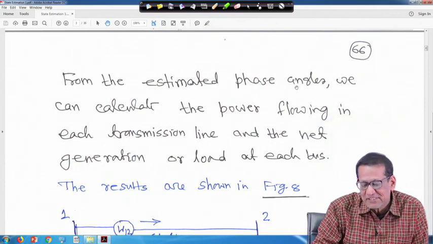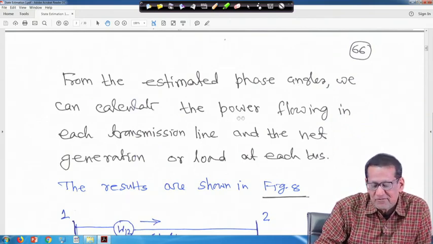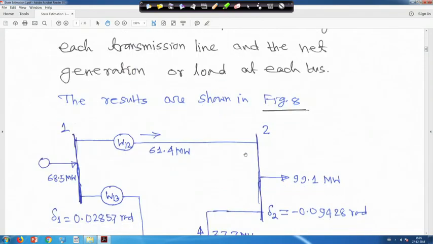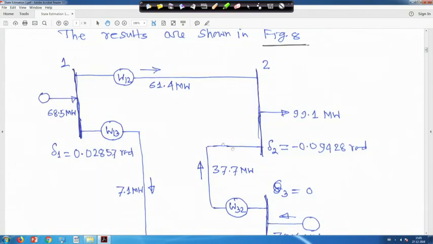From the estimated phase angles we can calculate the power flowing in each transmission line and the net generation or load at each bus. The results are given like this: these are the line flows and these are the meters W12, W13 and W32. P12 is 61.4 megawatt, that is F12. The estimated angle delta 1 is 0.02857 radian.